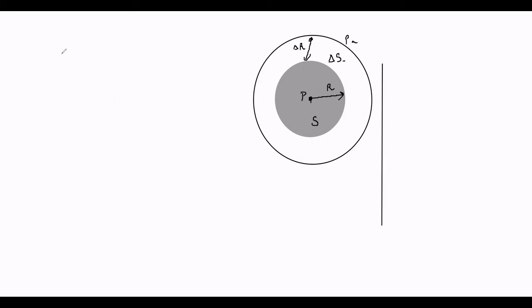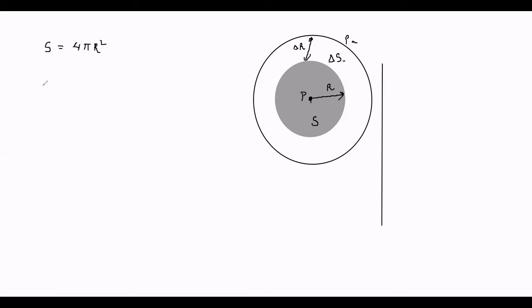So basically the formula for surface area is equal to 4 pi r square, since it is a spherical drop. So surface area is 4 pi r square. And now we know that delta r is the increase in the radius.